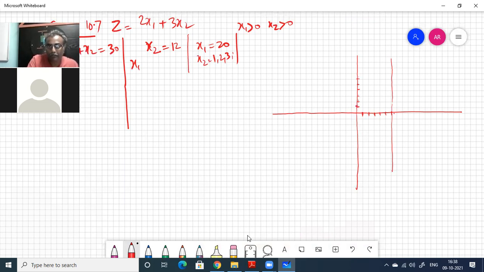Okay, that means this is the line x2 is equal to 12, and this is the line x1 equal to 20.